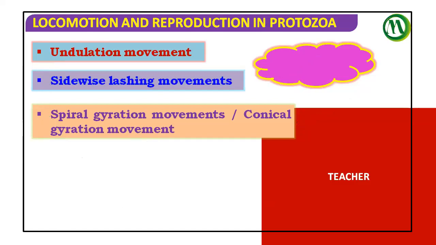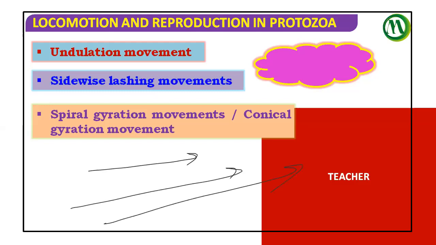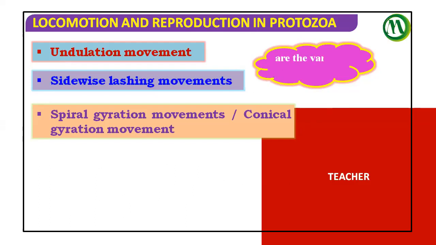Here a doubt generally comes, so before I enter into the topic I am saying what types of locomotion Euglena shows. Likewise, it can show undulation movement, sidewise lash movement, or spiral gyration or conical gyration movement. Okay, let's talk about that.